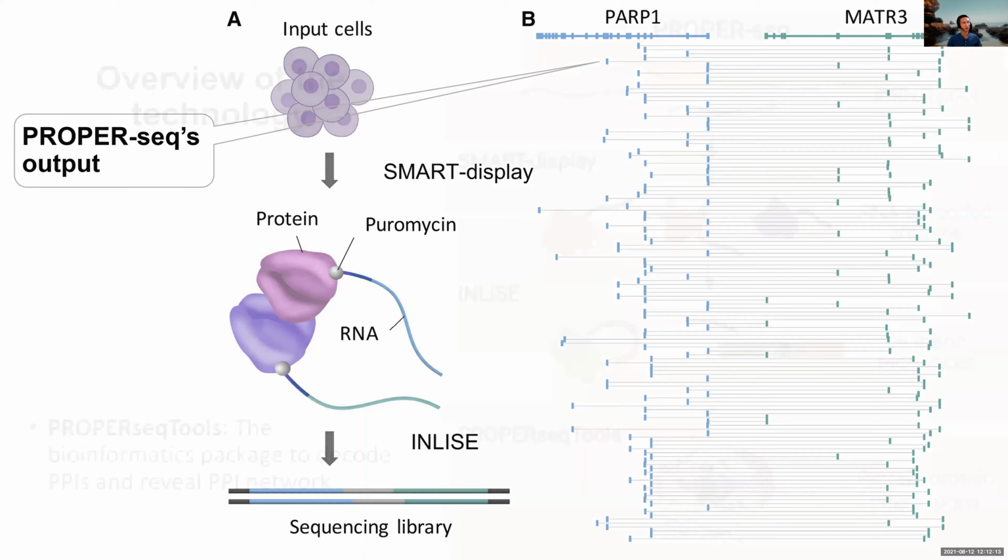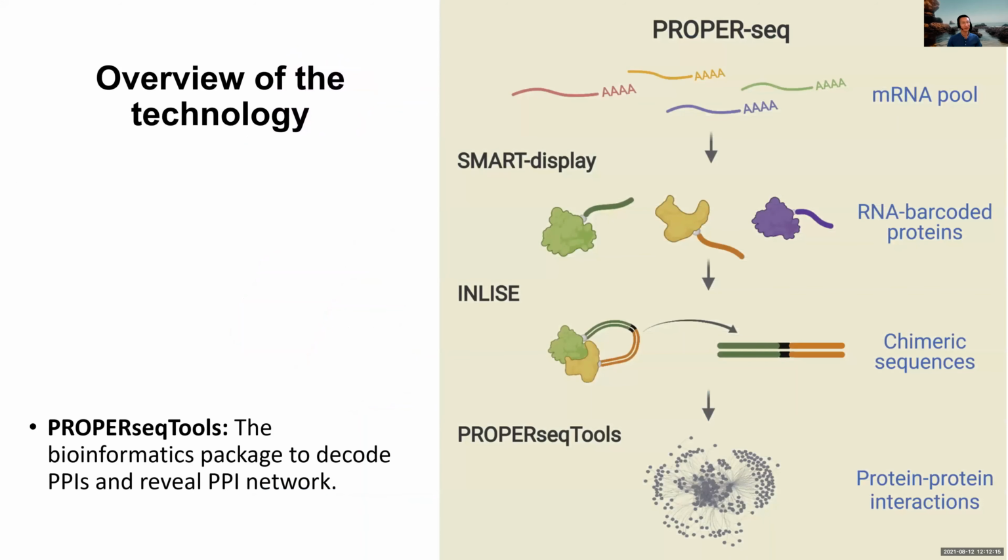So if I were to go over the entire process once again, the PROPER-seq procedure would start from cells and harvest their messenger RNA pool. The harvested messenger RNA will be translated into a protein library with a modification, which I will specify in a minute.